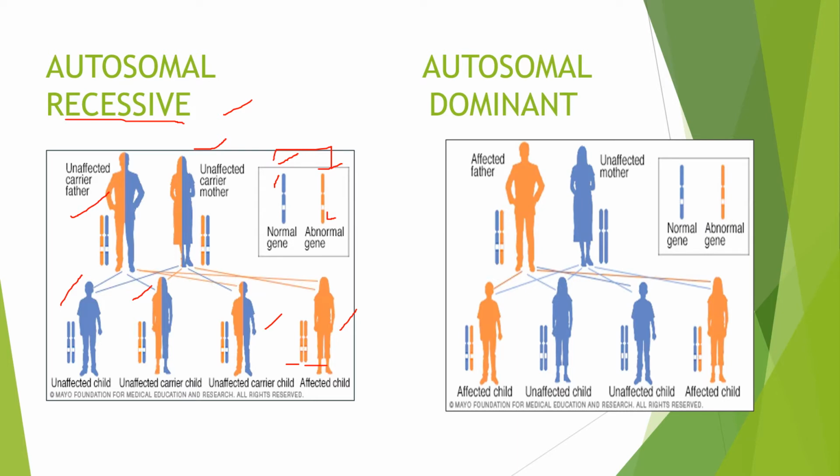Then only the autosomal recessive disorder appears in an individual. Suppose an individual is carrying only one chromosome with the abnormal gene and the other chromosome is normal, then he will act as a carrier and he won't show any disease here.